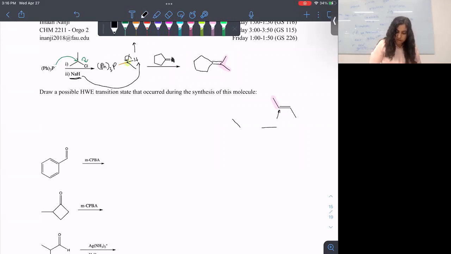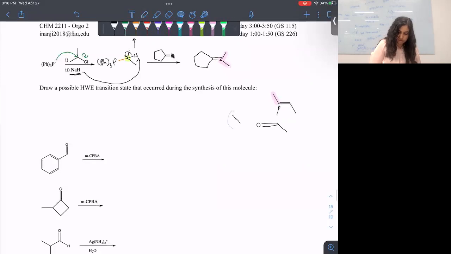So I'm assuming that this was the aldehyde we used, and then this with the phosphorus was the R group that we used to replace the oxygen. So I know that this was going to be either the phosphonate ester of the Horner-Wadsworth-Emmons or the PPh3.